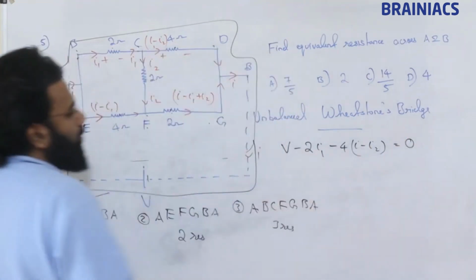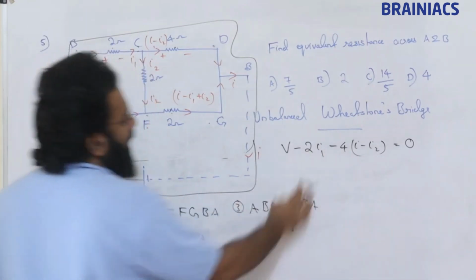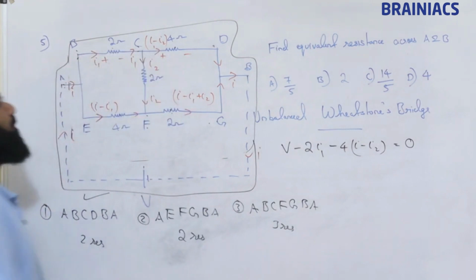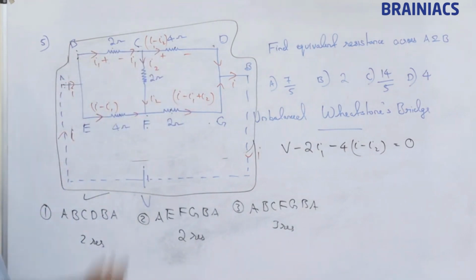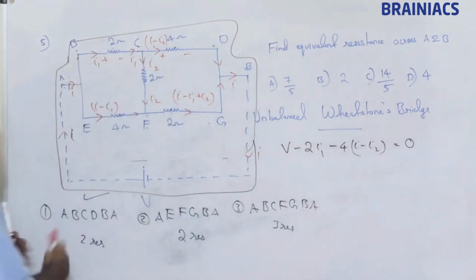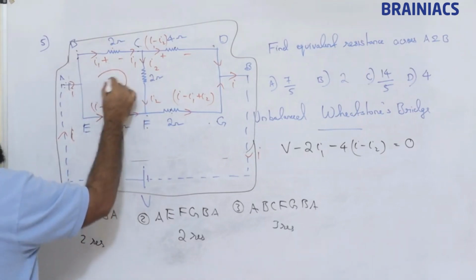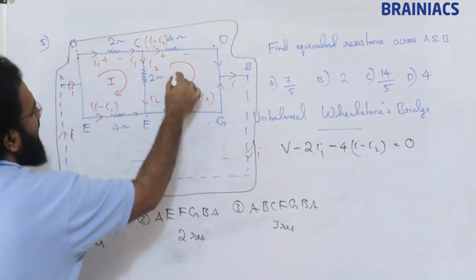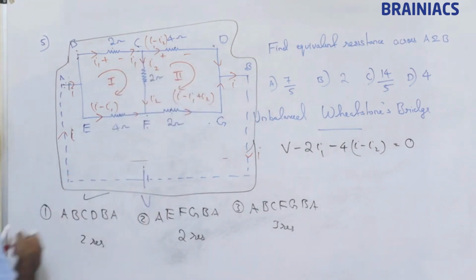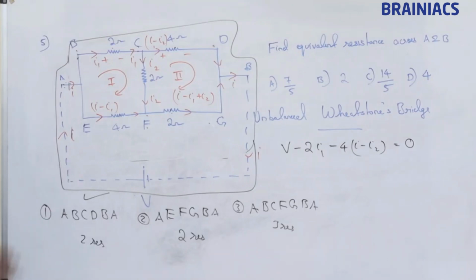This is our loop. This 2 is a resistance, 4 is a resistance, I1 is there, I2 is there, I is there. Now our task is to substitute for I1 and I2 in terms of I. We will take these loops, make two equations, and find the values of I1 and I2 based on I. Then we will substitute and get the answer.